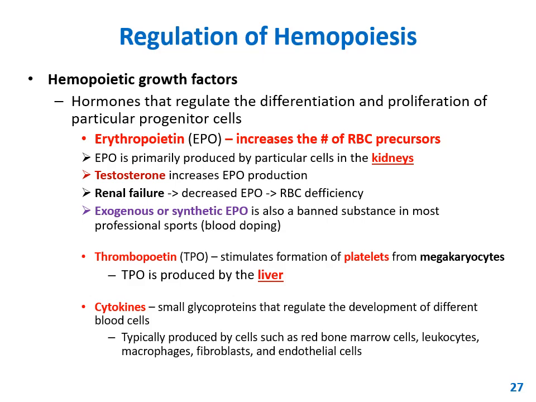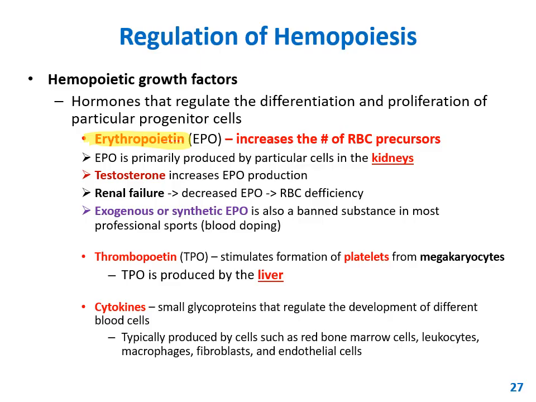So there is a hormone that stimulates the production of red blood cells, and the name of that hormone is erythropoietin, EPO, okay? So we usually have a certain level of this hormone in the body.